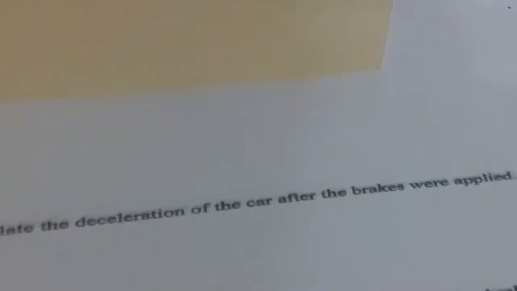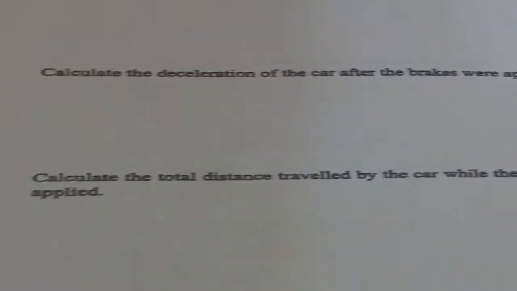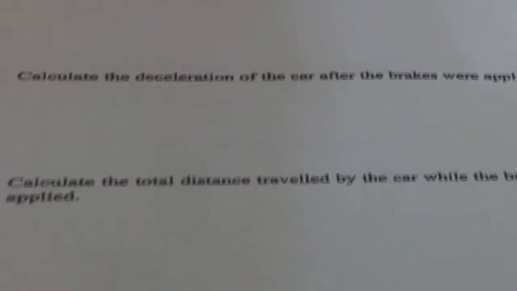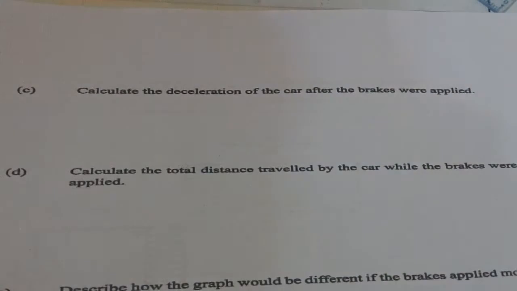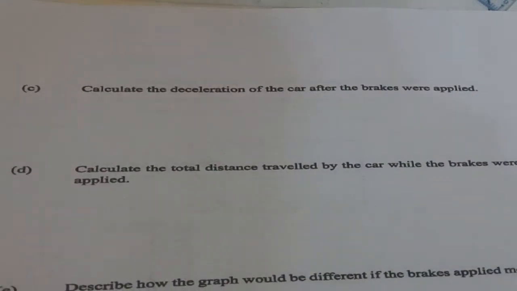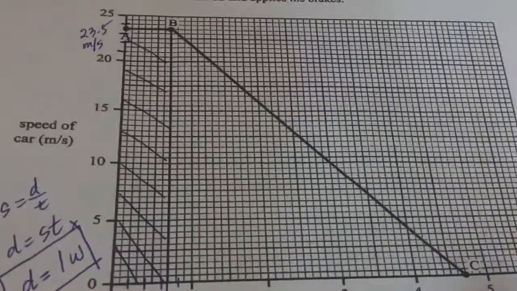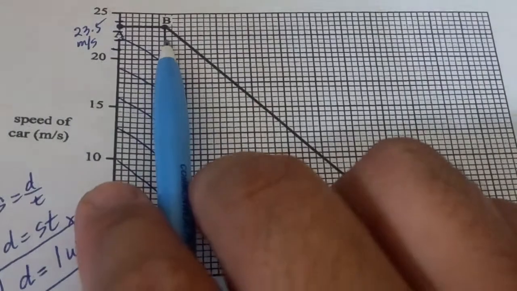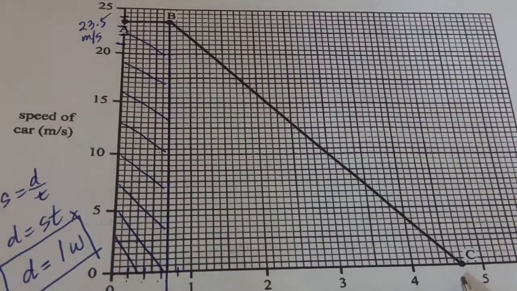Okay, so there's a succeeding question. I'm going to solve for the next question: calculate the deceleration of the car after the brakes were applied. We need to find the deceleration, and deceleration is the negative acceleration. On the graph, you would notice that it is moving from 23.5 meters per second to 0 meters per second.